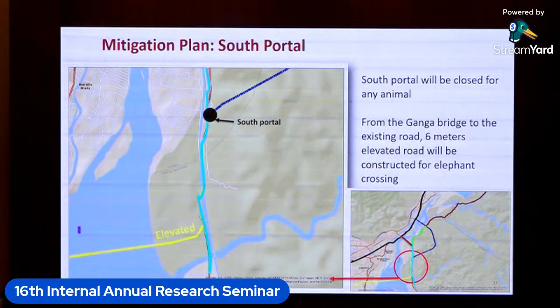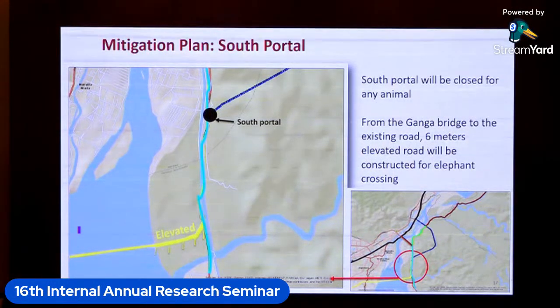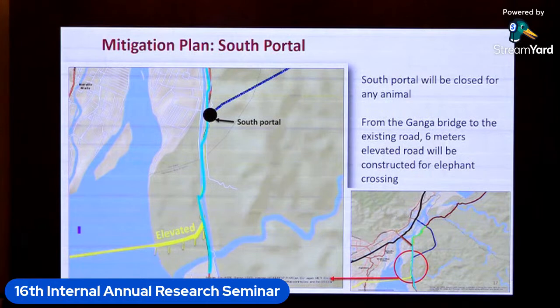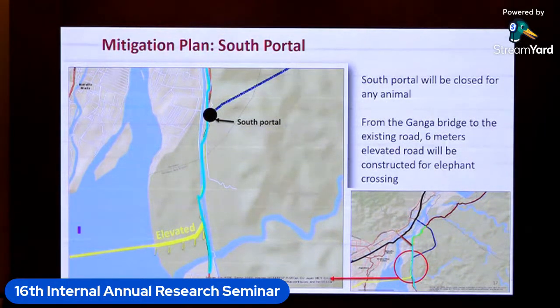And on package one, the road after the Ganga Barrage will be elevated because this is one of the major hotspots of elephants where they cross the road and go to the island of Ganges.